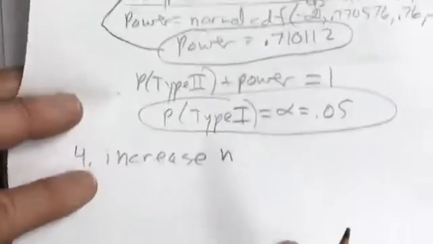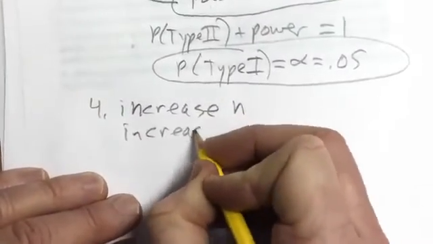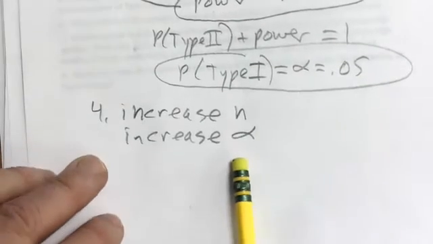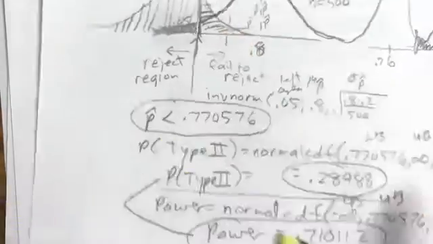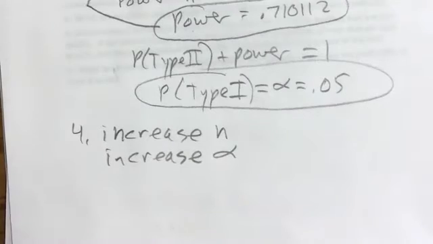So the other thing you could do to increase your power and to decrease type 2 error is to increase the alpha value. Of course, there's a trade-off there. By increasing alpha, you are decreasing the probability of type 2 error, but you're increasing the probability of type 1 error. In other words, increasing alpha is going to increase the proportion of the time that you reject everything, both good and bad.